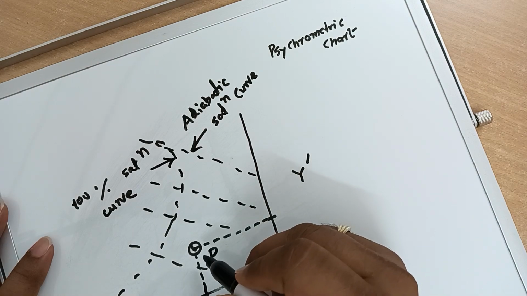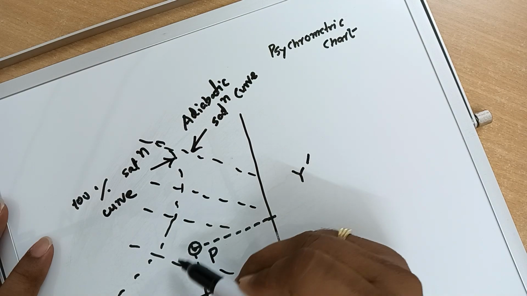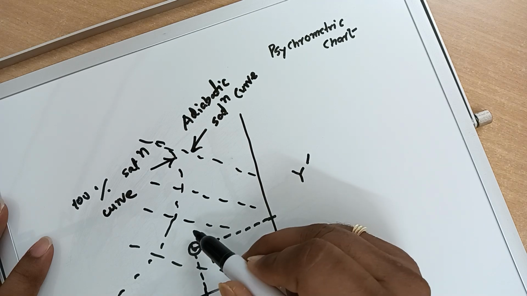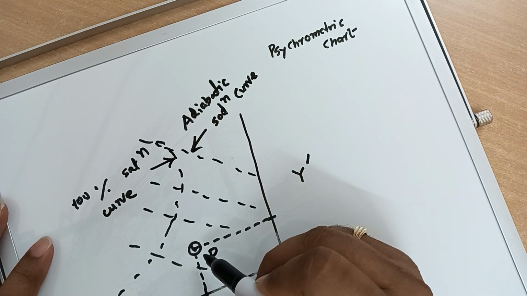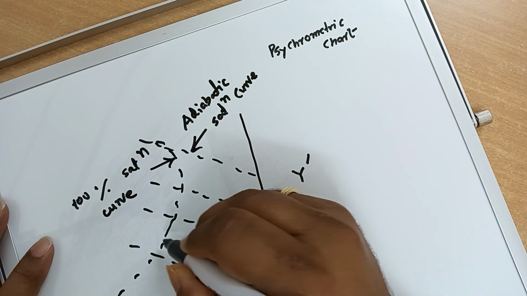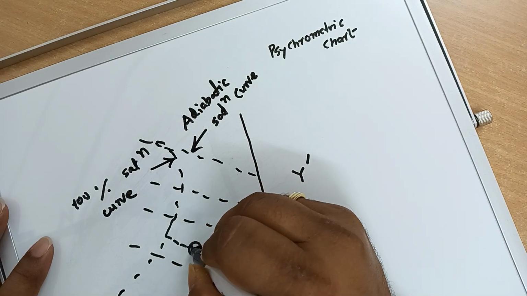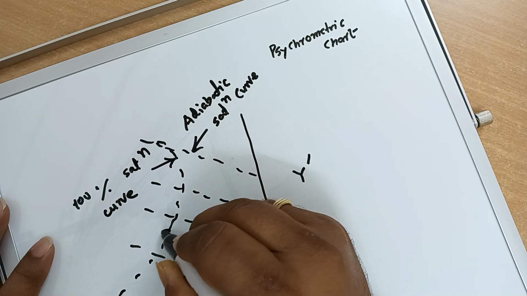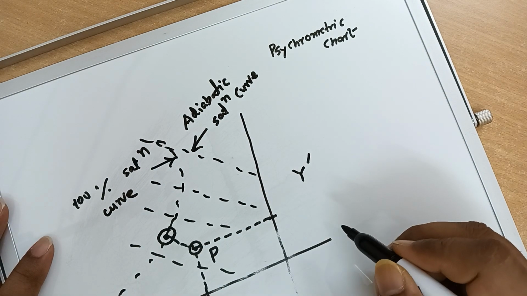It's quite simple, as adjoining parallel lines are already present within the psychrometric chart. Keeping that in mind, you draw a line parallel to the adjoining lines in such a way that it intersects the 100% saturation curve.